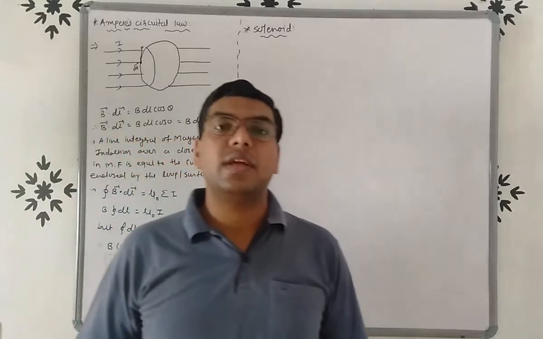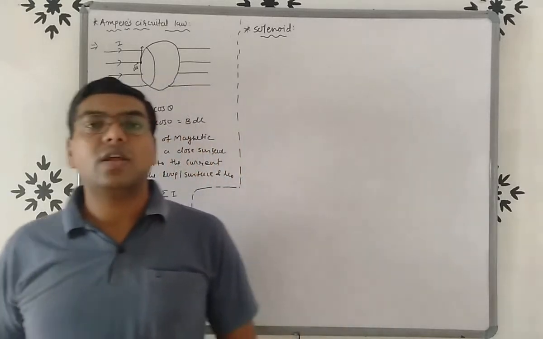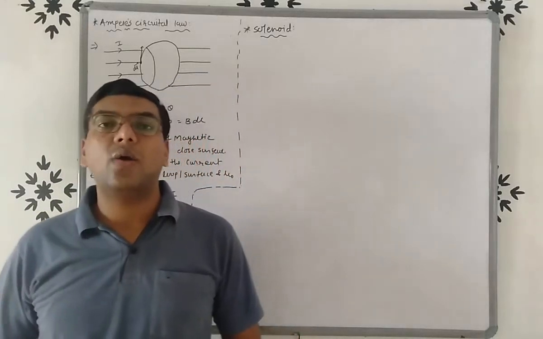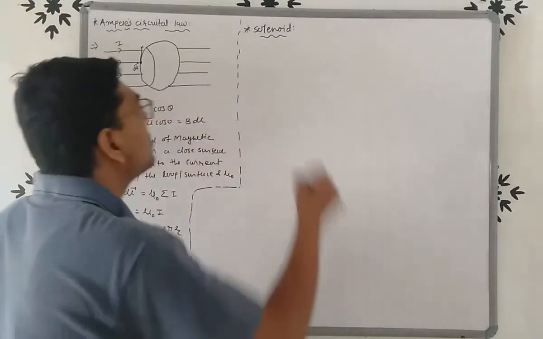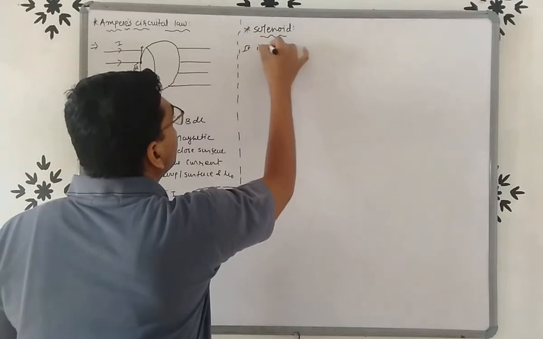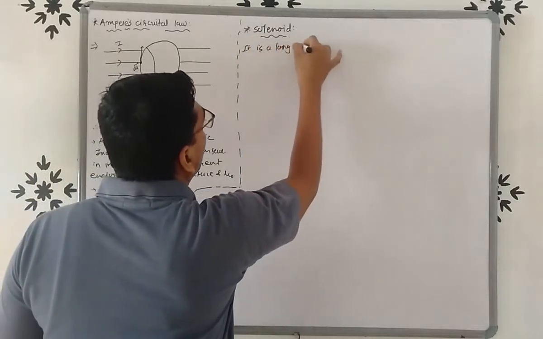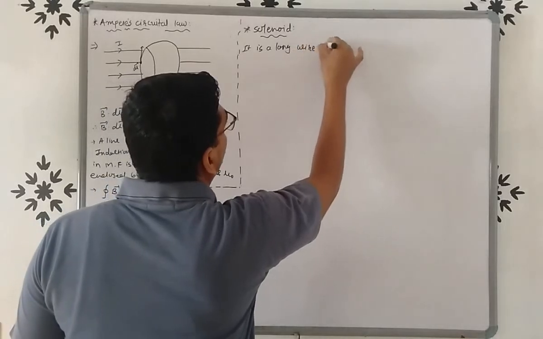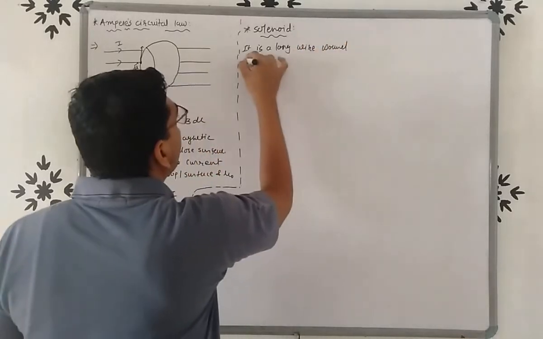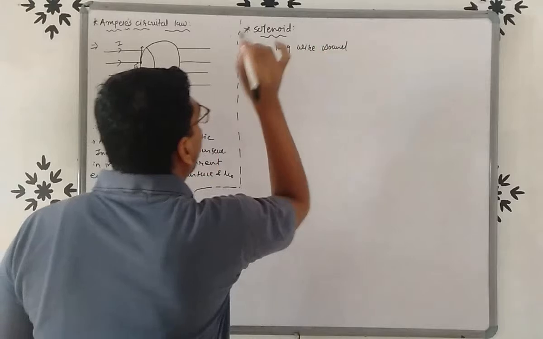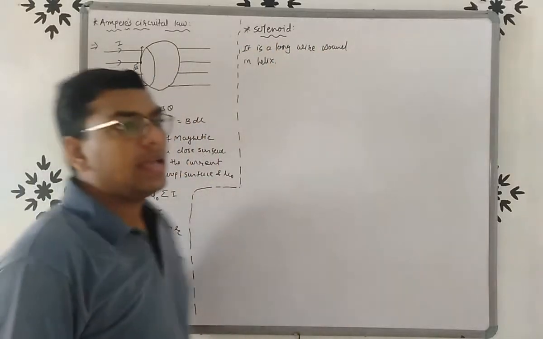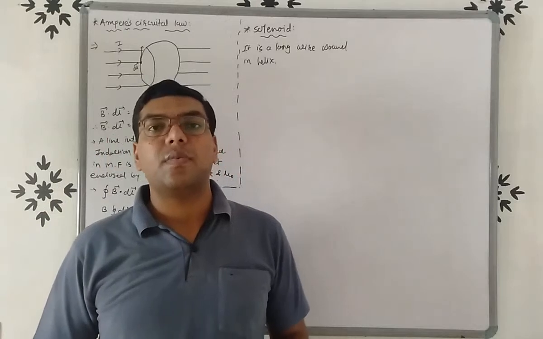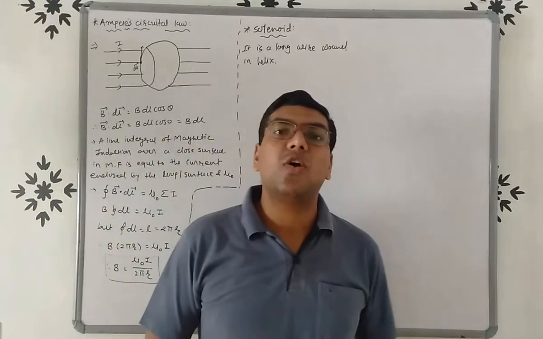Now what is a solenoid? A solenoid is a long wire wound in a helix, and here the turns are separated by a very small distance.